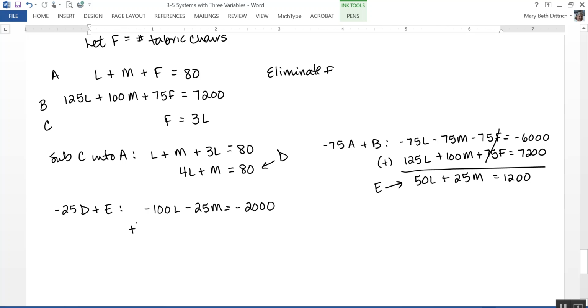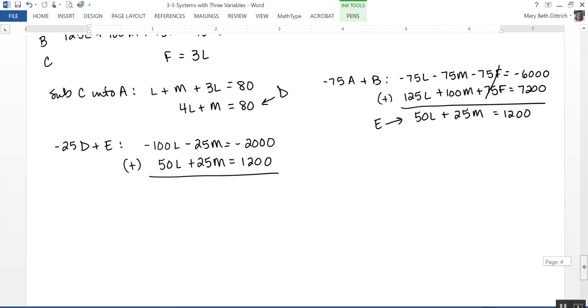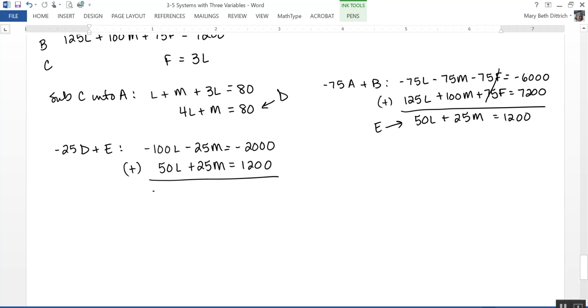And I'll add to that my equation E from over here, 50L plus 25M equals 1,200. Adding those together, I'll have negative 50L is equal to negative 800, and dividing both sides by negative 50, I get that L equals 16. So 16 leather chairs.